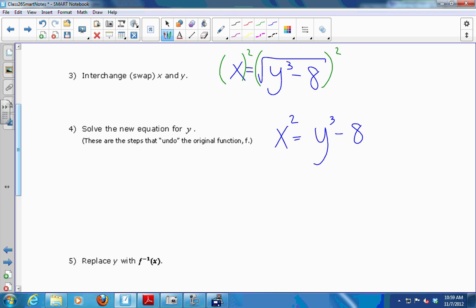Okay. So let's remember we're trying to solve for y, trying to get y by itself. So what should I do now? Add 8 to both sides. So I get x squared plus 8 equals y cubed. Now what?